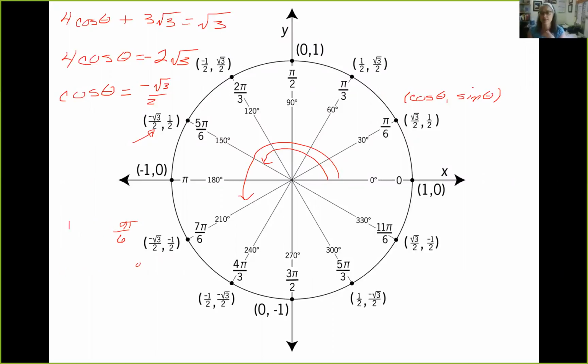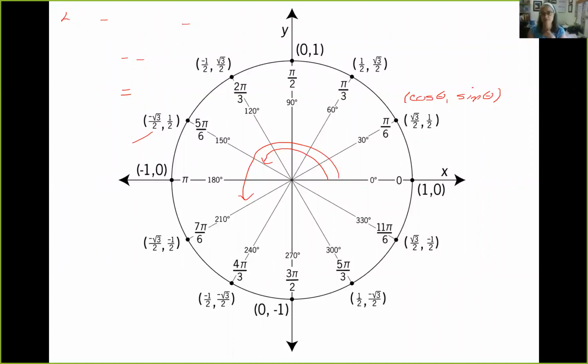We want to be a little careful. Sometimes we remember that we've been working with non-standard periods in previous sections, right? Things where we had what I call an internal multiplier. So let's look at how to solve the equation sine of 3 theta equals 1/2.